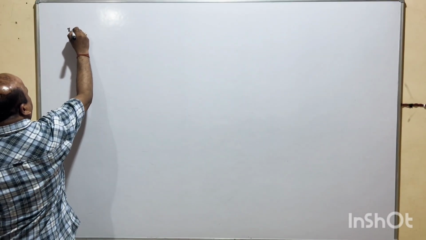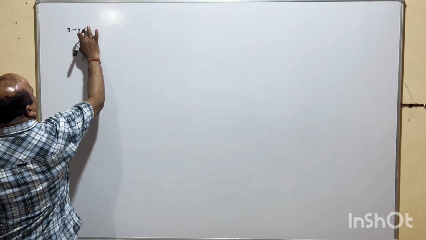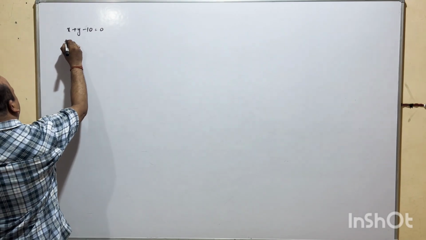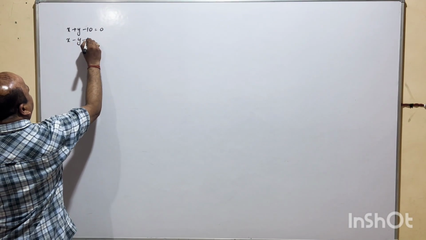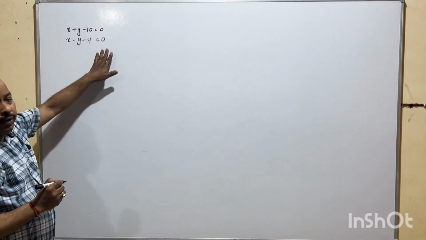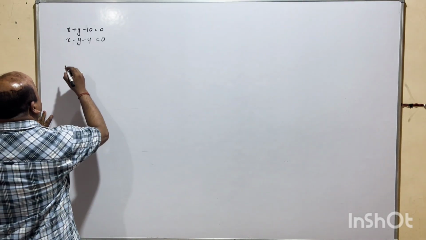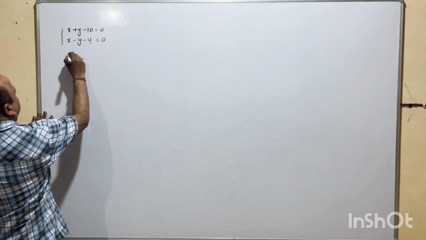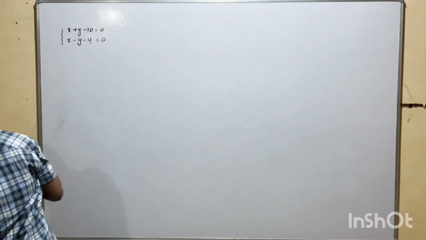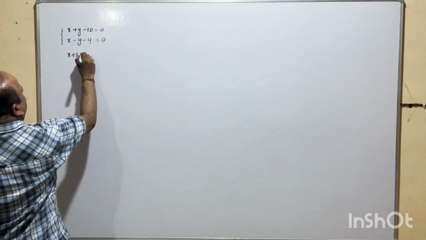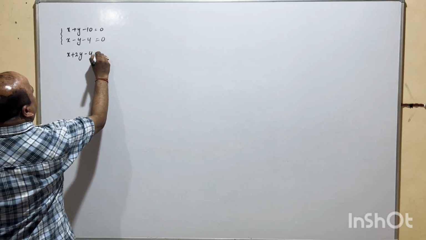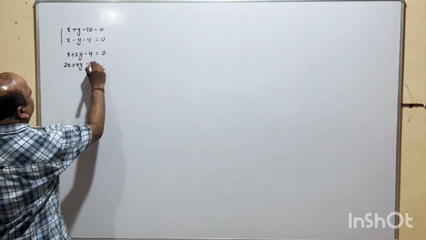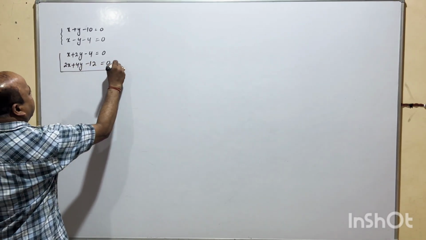First one is x plus y minus 10 equal to 0, x minus y minus 4 equal to 0. One pair of linear equations in two variables. Second one is x plus 2y minus 4 equal to 0, 2x plus 4y minus 12 equal to 0, right?